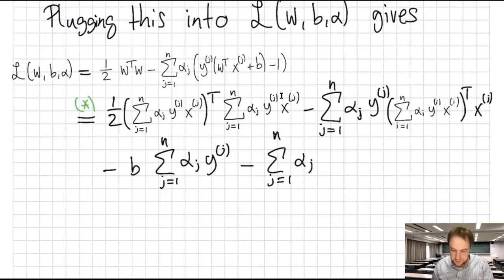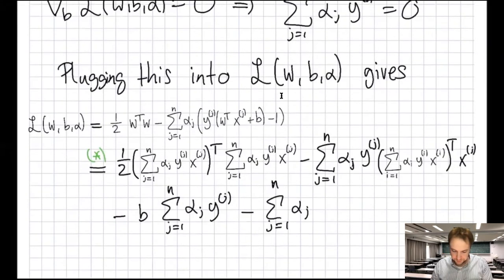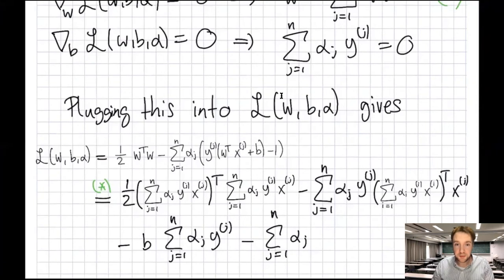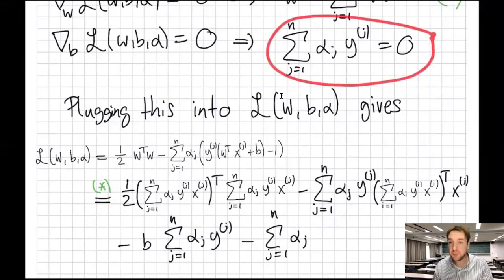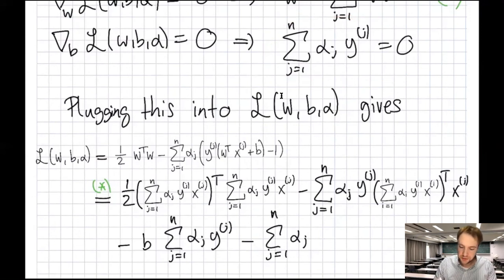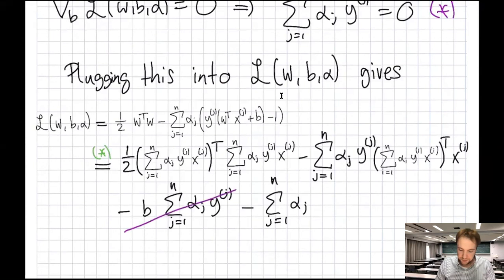Okay, and now first thing we see that this condition here, that this equals 0, will actually simplify something here. Namely, this will simplify this term here. So actually, there will be no b anymore in this equation here.